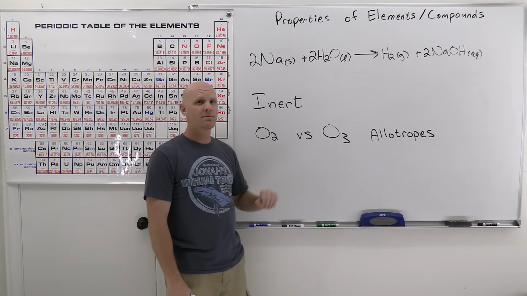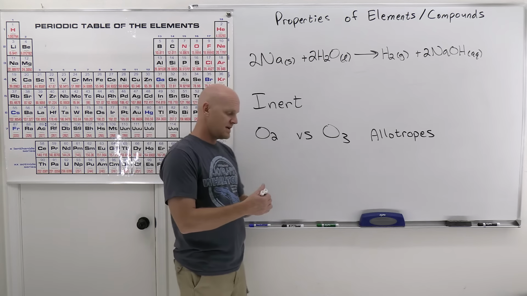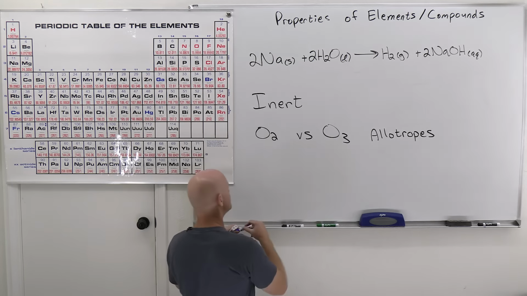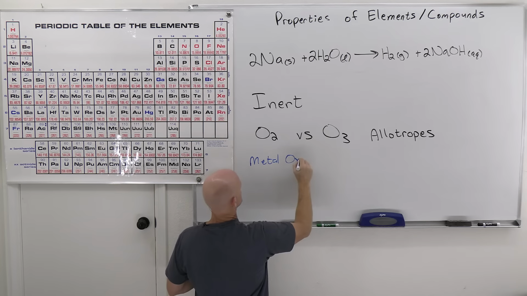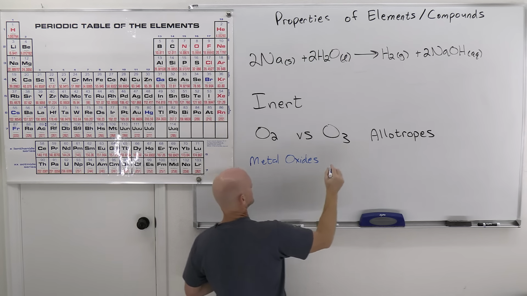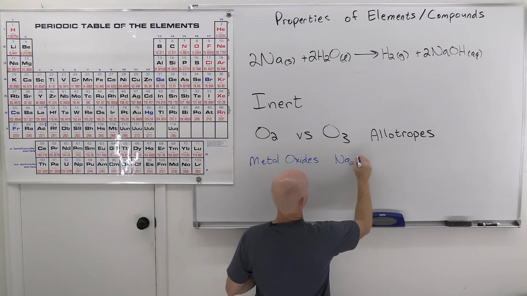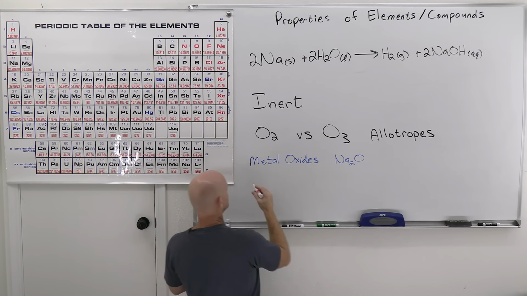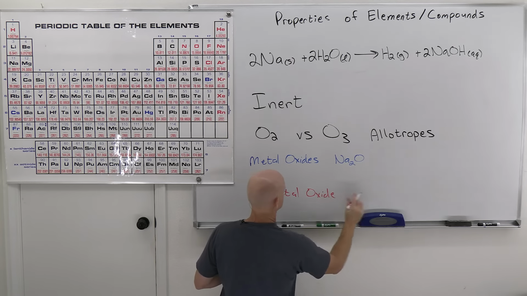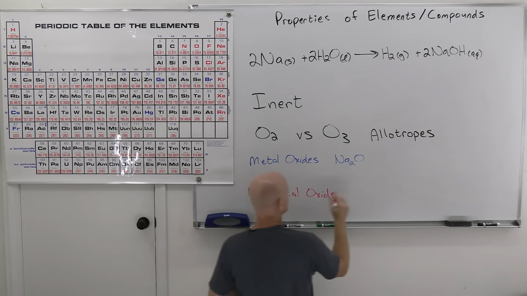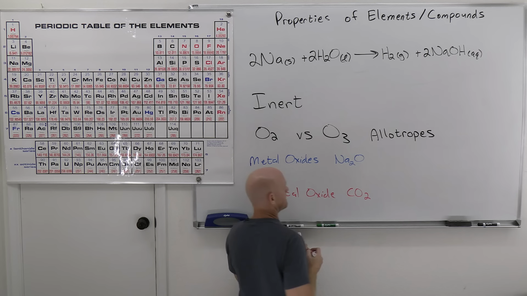So, the other thing I want to talk about, though, is forming oxides. And you can form metal oxides and non-metal oxides. And so metal oxides might be something like sodium oxide, whereas a non-metal oxide might be something like carbon dioxide.